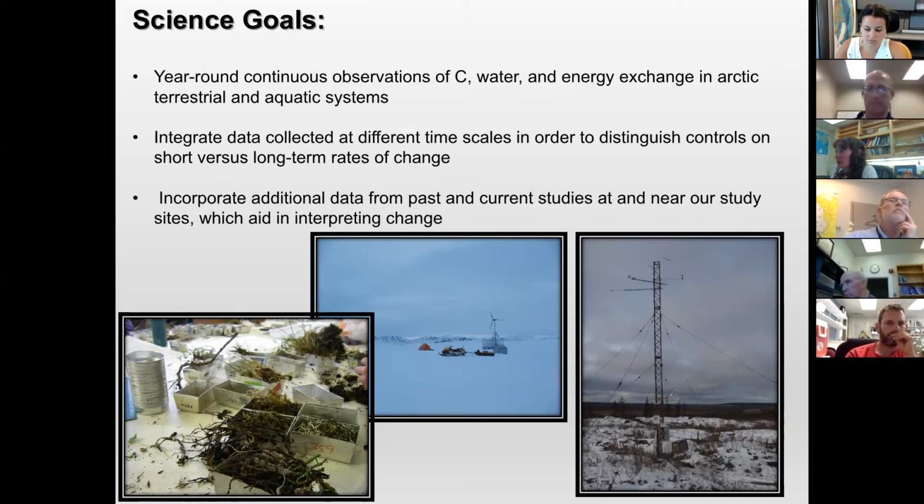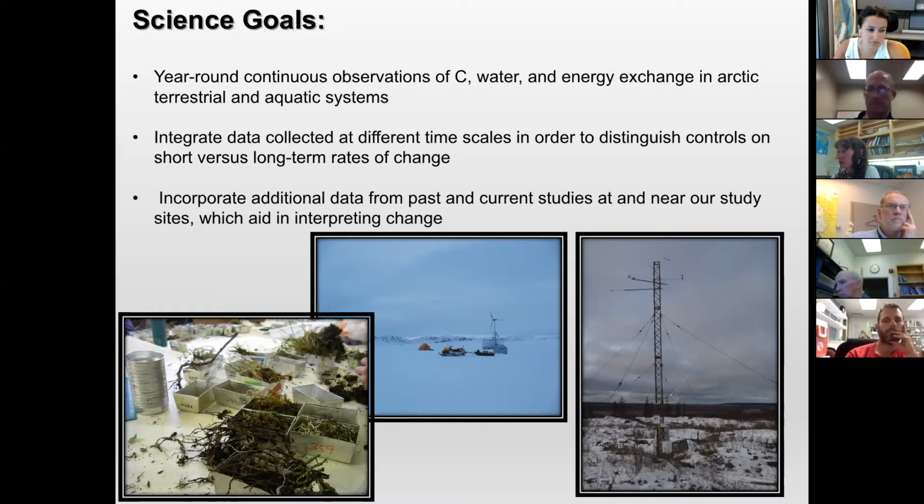And then we've also been not only collecting our own data, but incorporating data from past studies and ongoing studies near our sites, which can help to interpret this change. This includes collaborating with other ongoing AON projects and other NSF-funded projects, and also things like CARVE and the NGEE project as well.